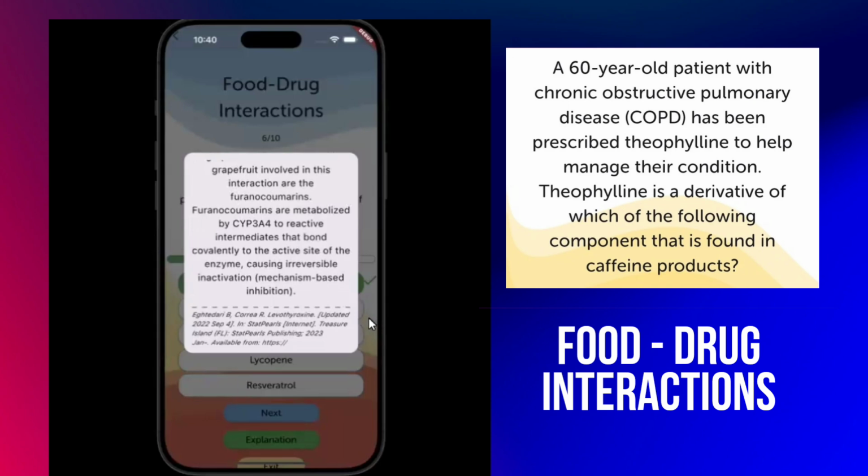So this is a mechanism-based inhibition. This is very important to know, okay, to know how furanocoumarins actually inhibit CYP3A4, thereby causing higher serum levels of the drugs that are metabolized by CYP3A4. Let's go to the next question.